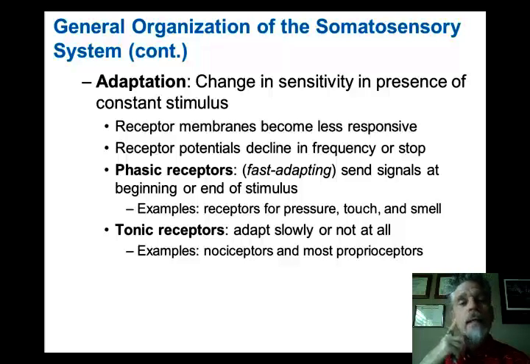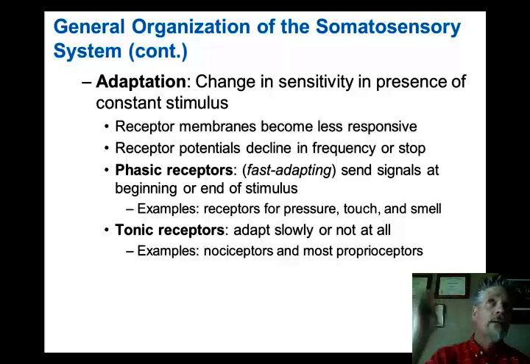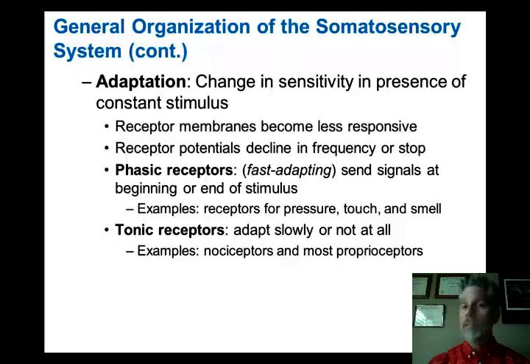And so what we find is that there are certain types of receptors that will adapt through time. So if that stimulus continues, then they'll start ignoring that. They'll send information into the central nervous system at first when something changes, right? And then if it stays the same, they'll be like, oh, I told you that was going on, so I'm not going to tell you again and again and again.